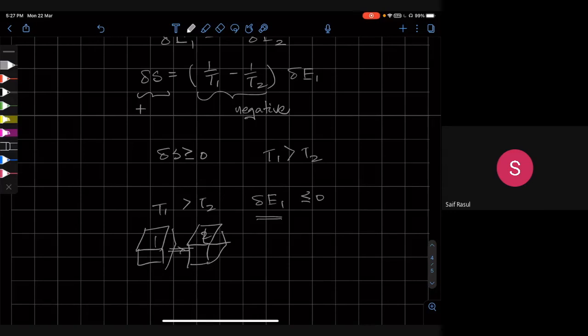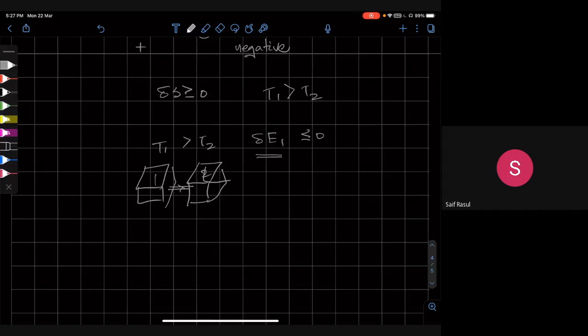So we see that the temperature, as defined by 1 over T equals dS by dE, has all the right properties. This is the definition that we adopt for statistical mechanics. Okay, any questions? No, I don't think so. Okay.